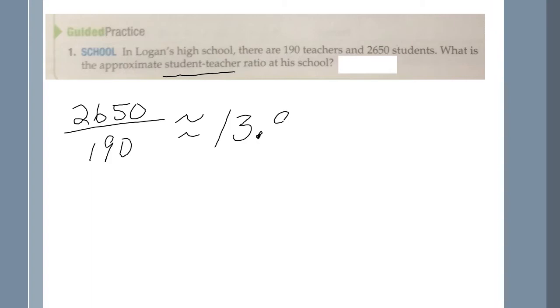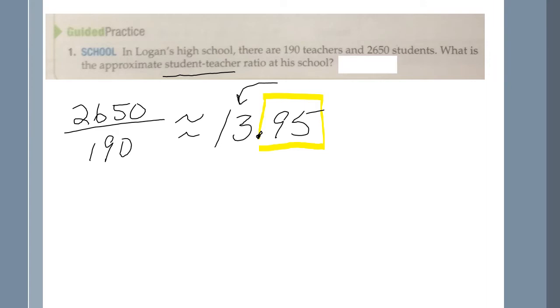Well, here's something kind of goofy. When we work with this, we do have to do a little bit of common sense thinking. You can't have 0.95 of a student. So we have to round up to the nearest whole number, right?